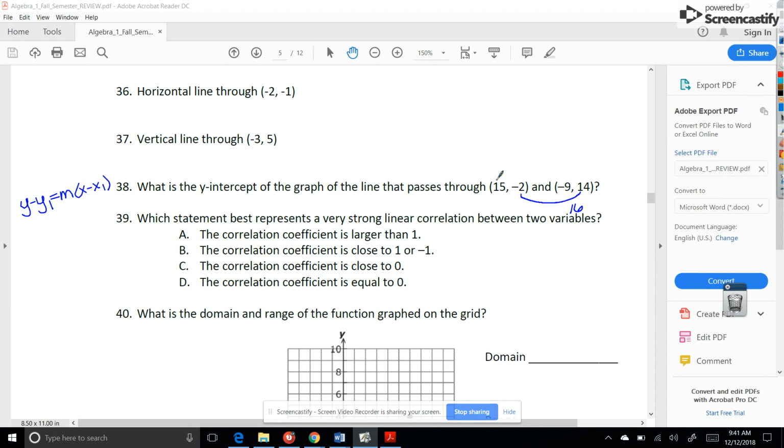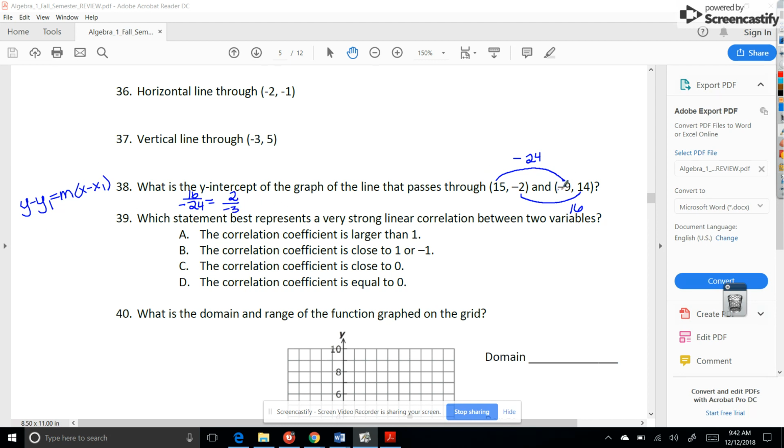And the x value, I'm going from 15 down to -9. So that's going to be a negative 24. So change in y over change in x, and I can simplify that. They're both divisible by 8. 16 divided by 8 is 2. And 24 divided by 8 is -3.